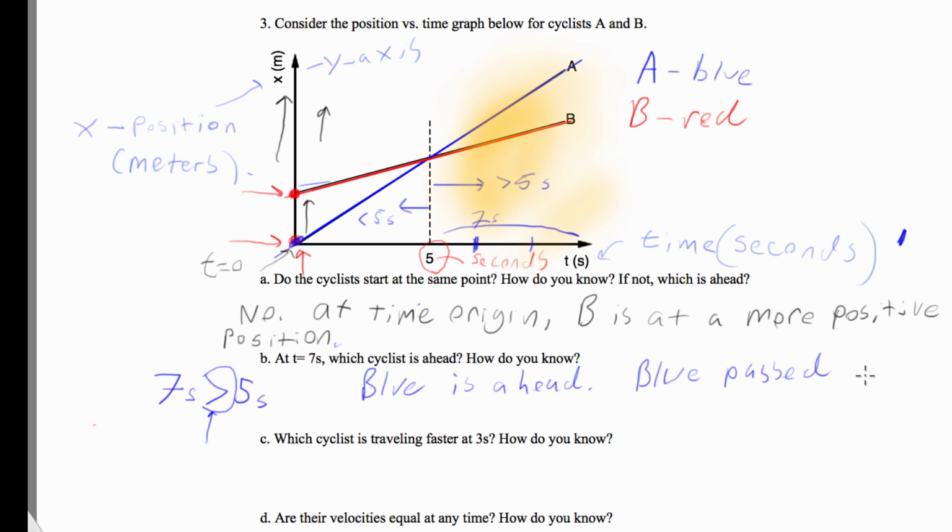So blue passed red at time equals 5 seconds. So for all time larger than 5 seconds, blue is ahead.